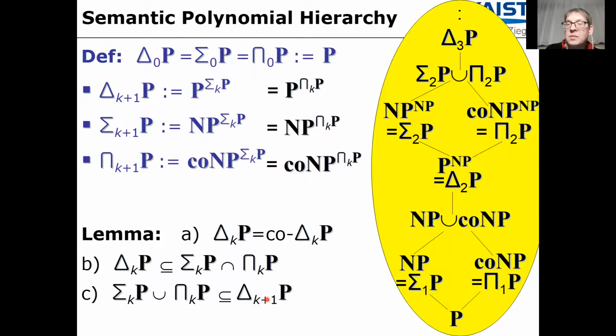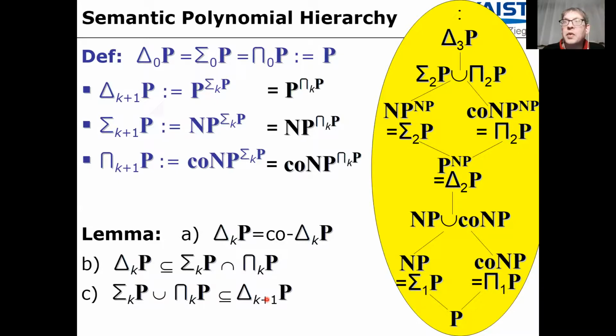And as I said, there are also problems that are complete for the levels of this hierarchy, like minimizing Boolean functions. So that means these levels really have an important meaning in complexity theory of classifying problems.